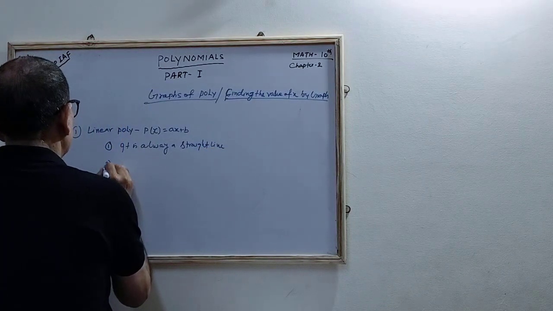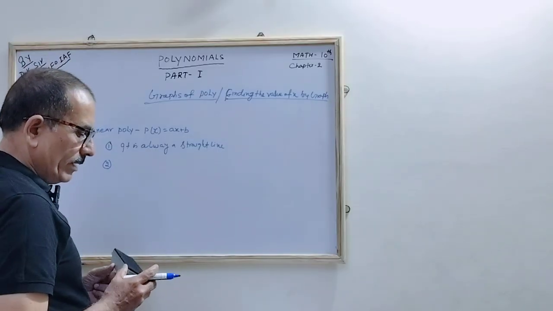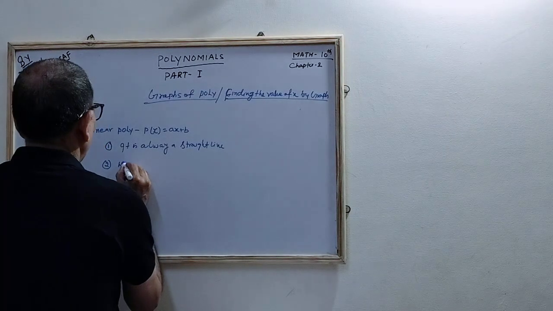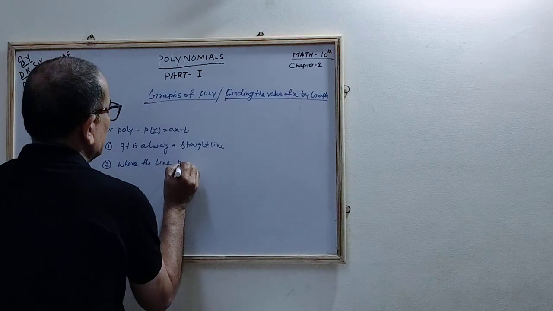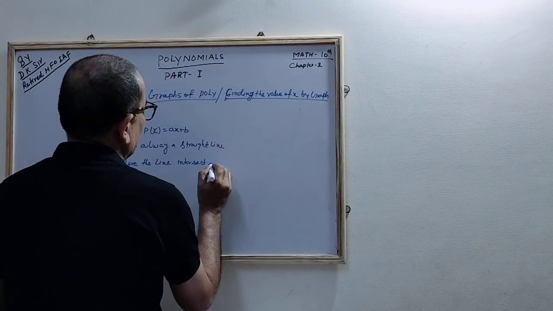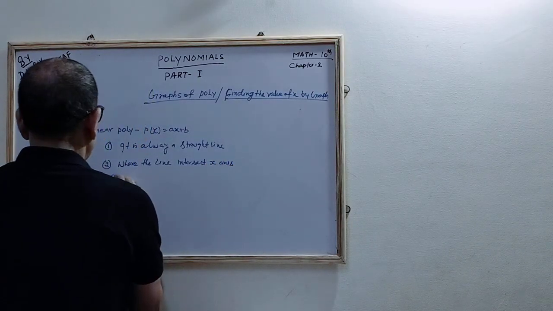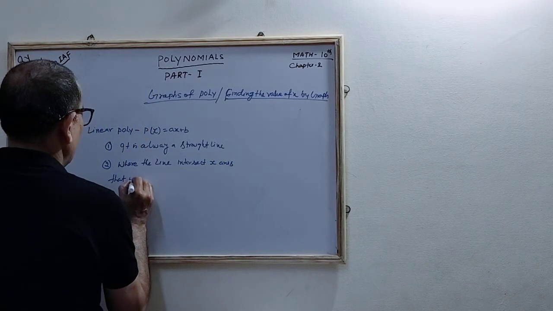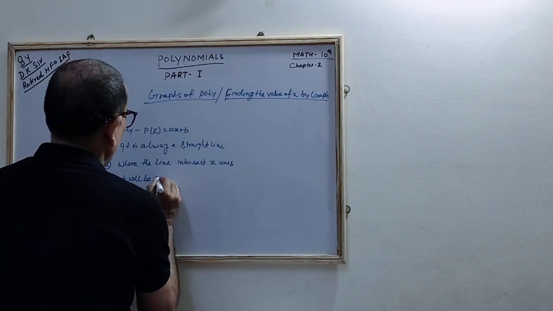The second thing we should know is where the line intersects the x axis, that will be the coordinate.